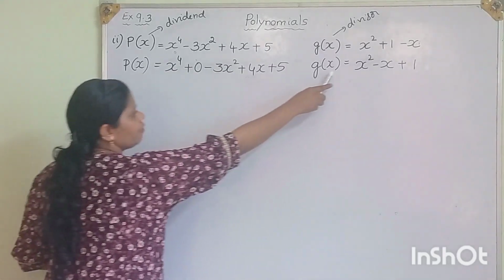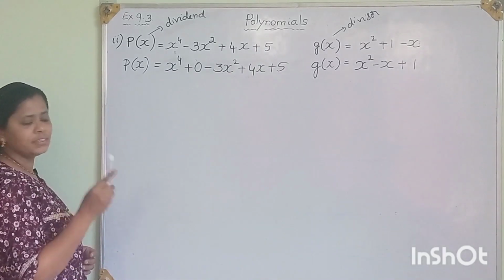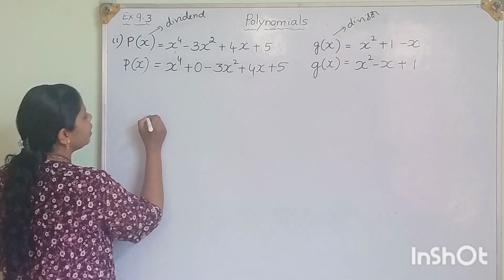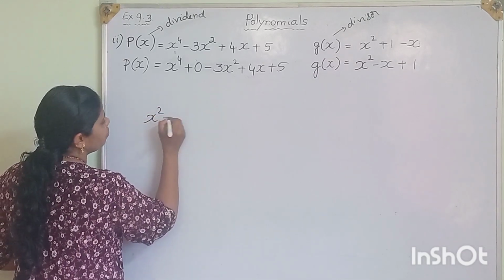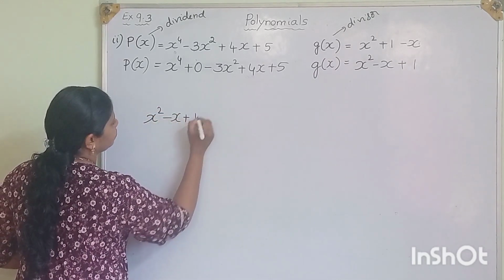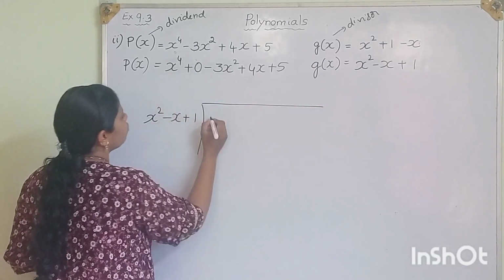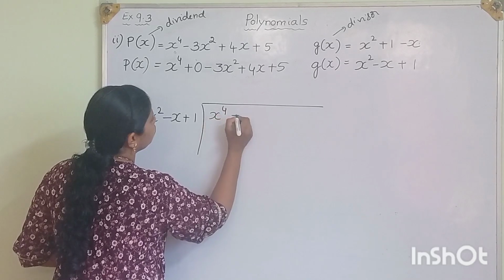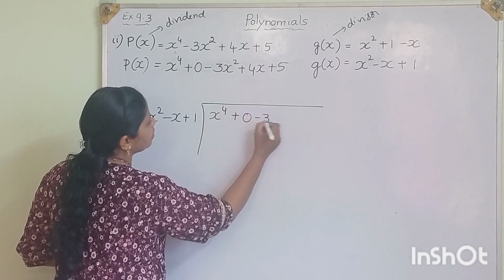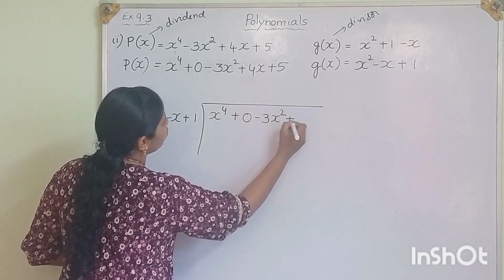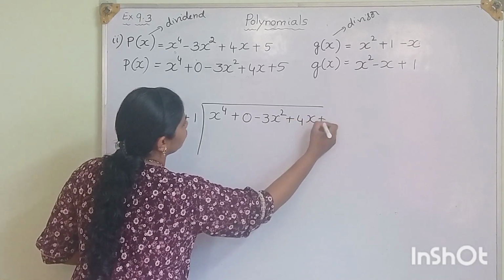This is our divisor, that is G of x, x square minus x plus 1. And the dividend is x to the power of 4 plus 0 minus 3x square plus 4x plus 5.